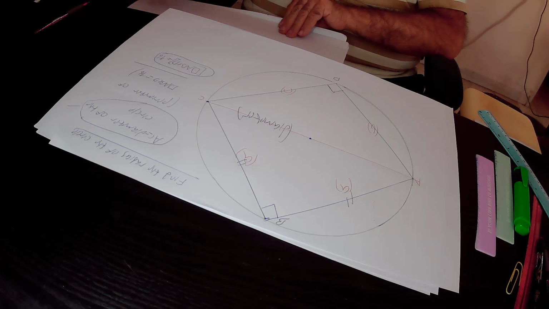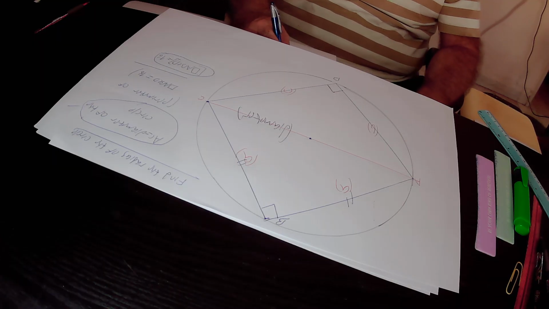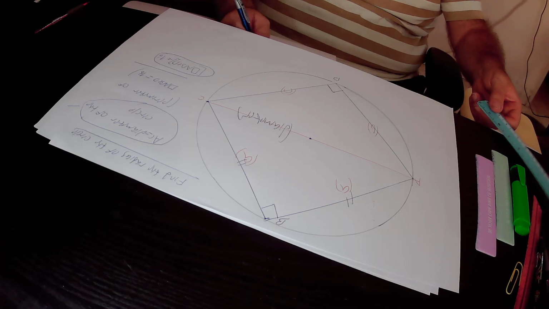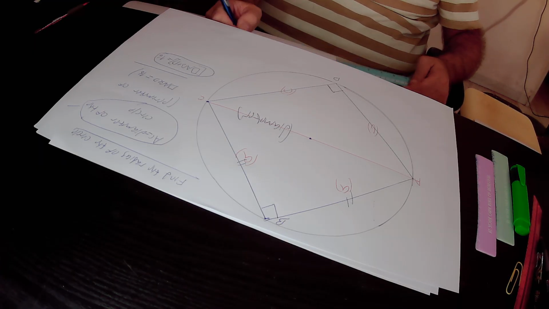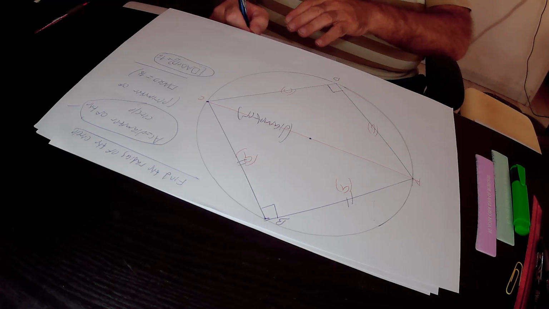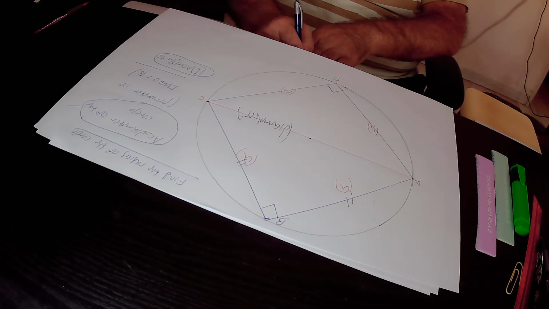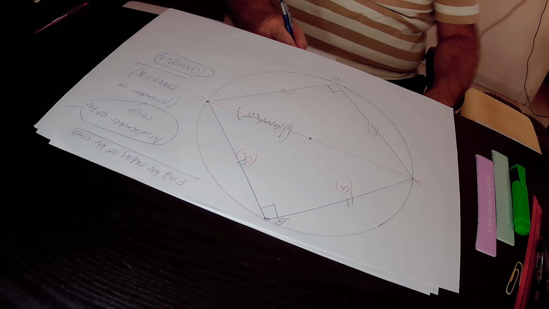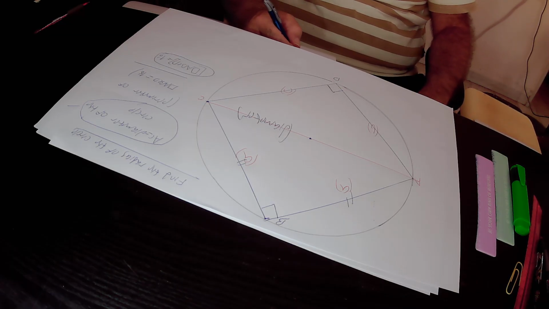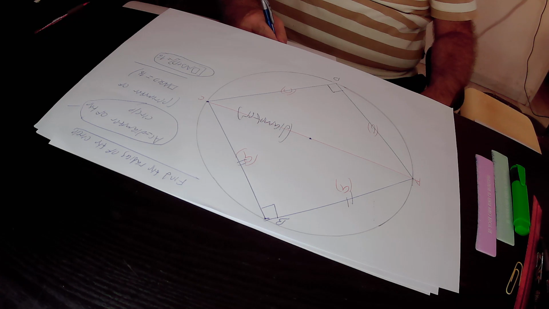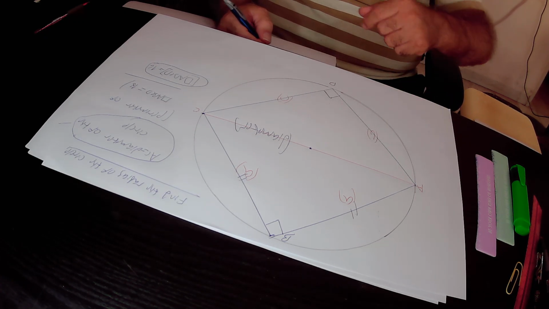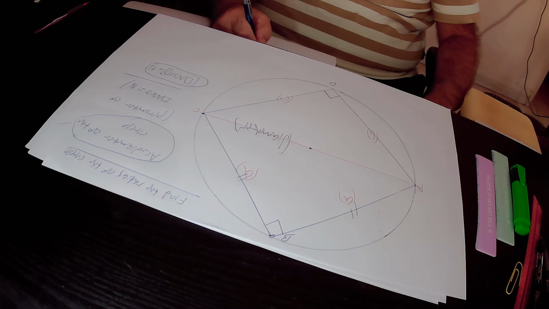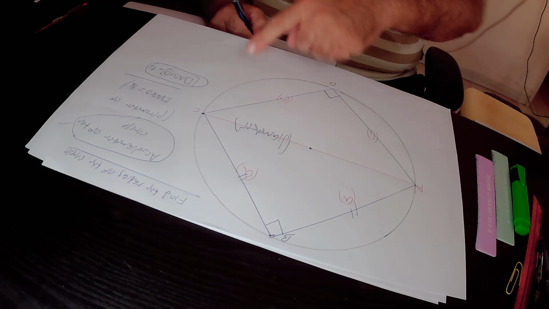So in the right triangle ABC, according to the Pythagoras theorem, AC square, that is the square of the hypotenuse, is equal to AB square plus BC square.